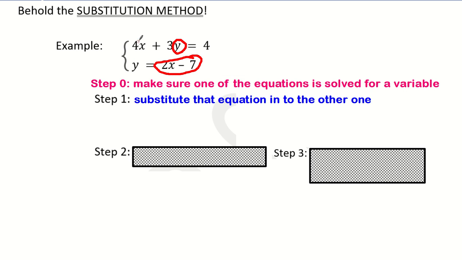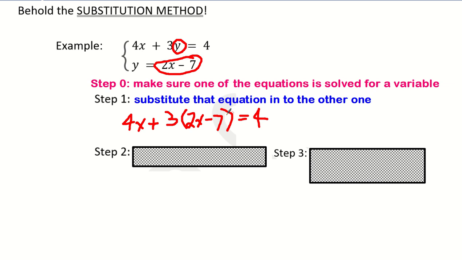So you would say that this equation is now written as 4x plus 3 times y, which we're saying is 2x minus 7, and then bring down the rest of it, equals 4.